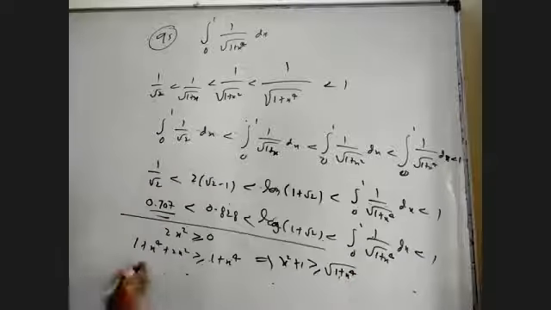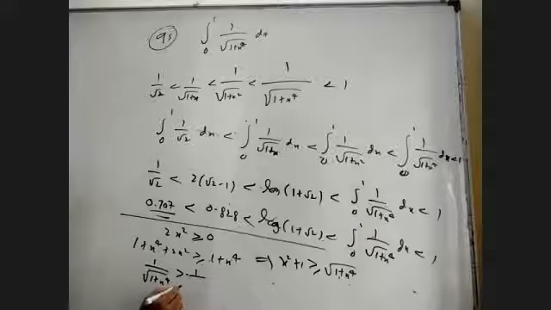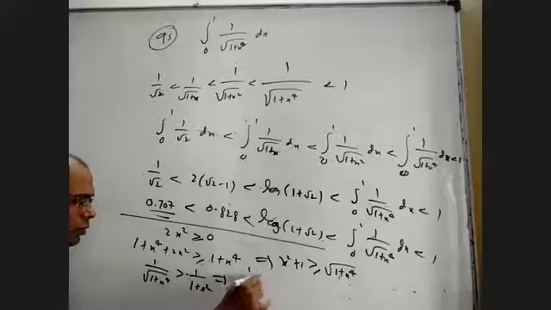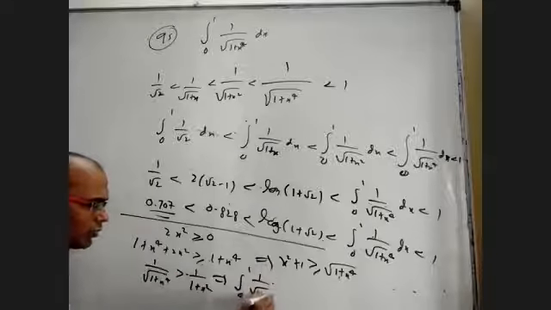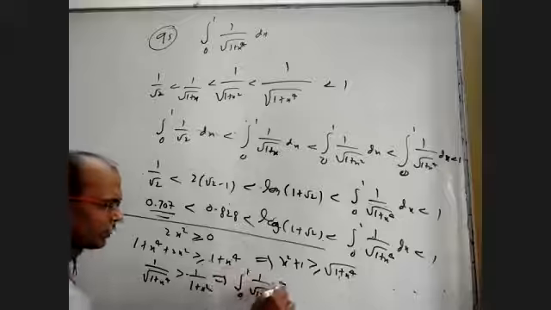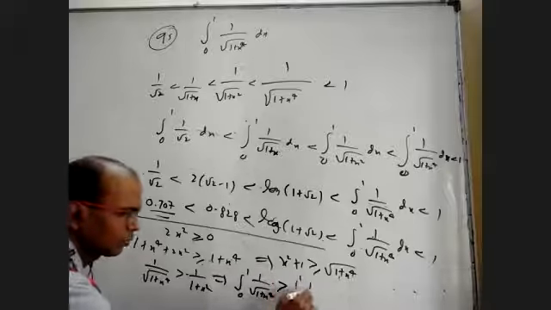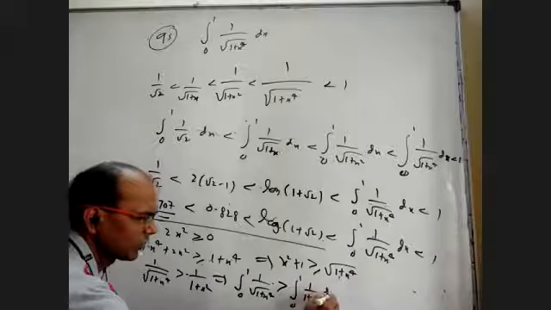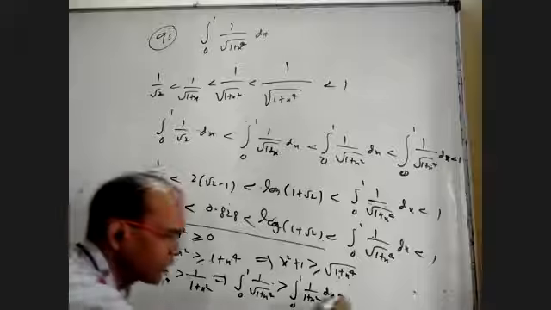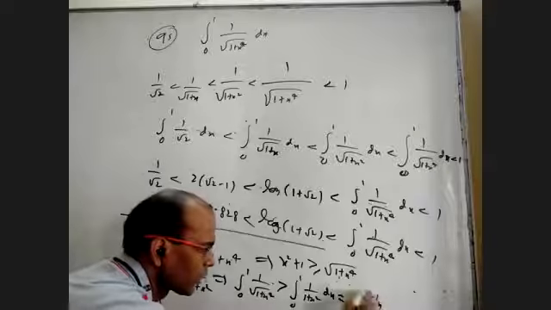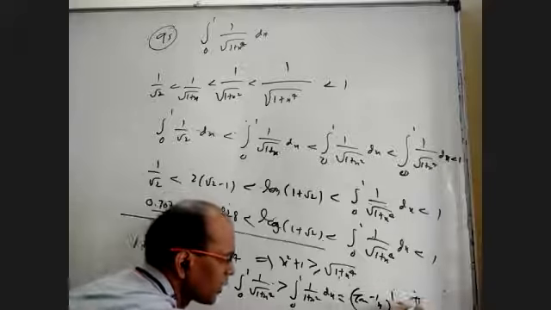When I take reciprocal, 1 by root 1 plus x power 4 is greater than or equal to 1 by 1 plus x square. This is only greater than anyway. So now if I take integral 0 to 1, 1 by root 1 plus x power 4, it is greater than integral 0 to 1, 1 by 1 plus x square dx. And that is tan inverse x.